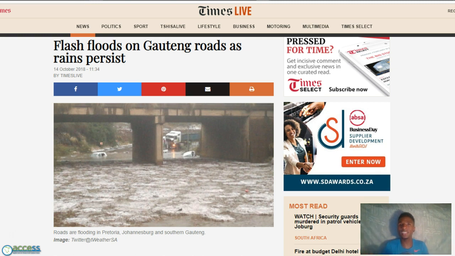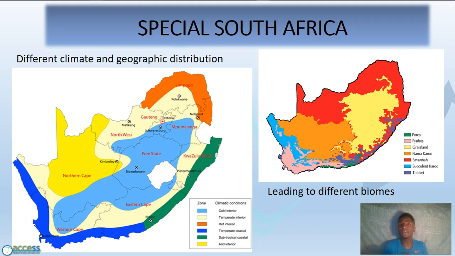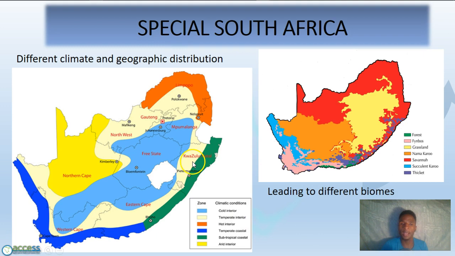But I was using this as a demonstration for you in order to understand how seasonal changes actually have an effect. But in terms of spatial South Africa, we can see it in terms of different climatic and geographical distribution and different biomes. You know what I mean? So because of different climatic conditions, we'll have different biomes.